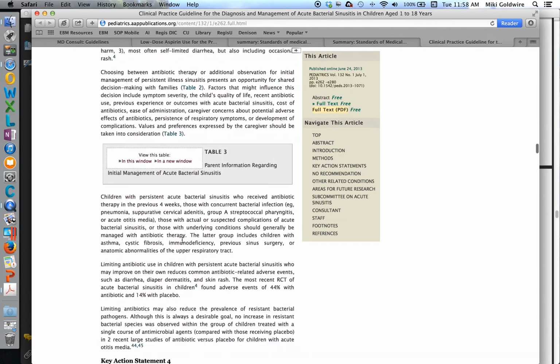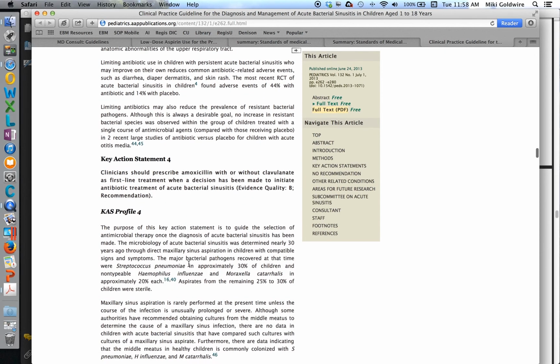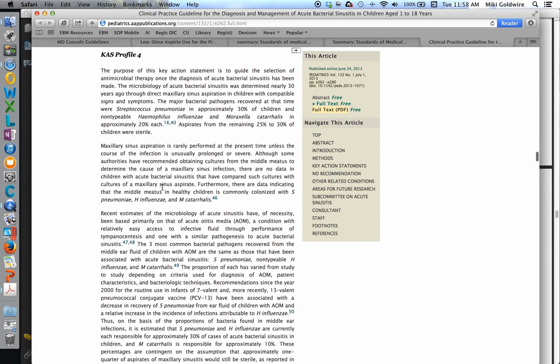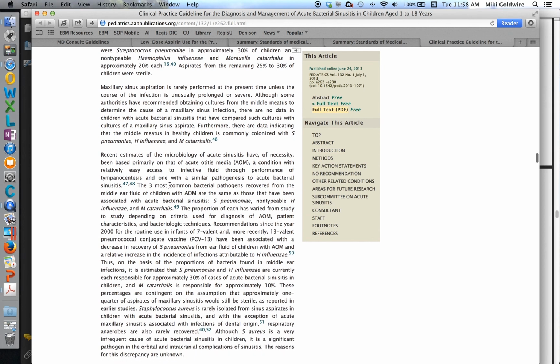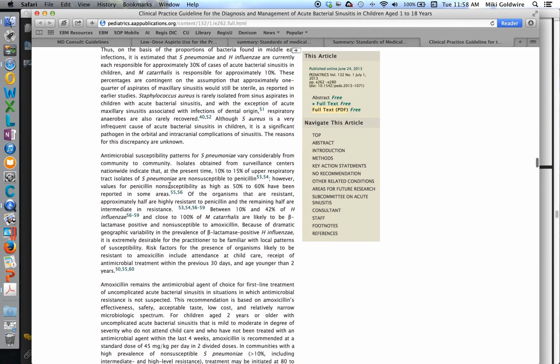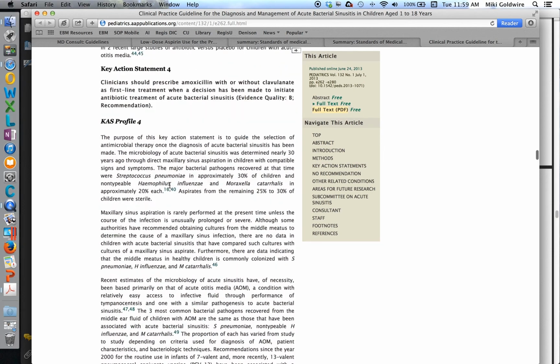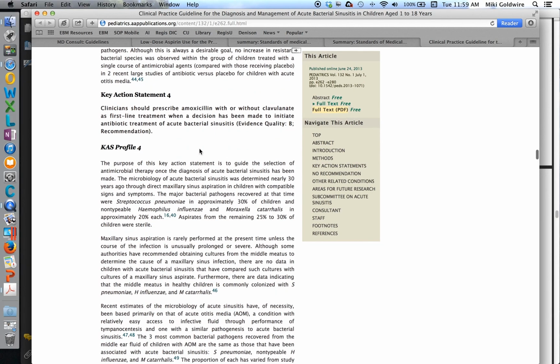So you will find data in the discussion of the key statement, and it may reference an RCT, but we don't know if all of this data was from an RCT because that recommendation also includes data from observational studies. So again, it's very important to locate how the recommendations are defined, and then to read further about it. So again, this key action statement 4 is a quality of B, and it is a recommendation.